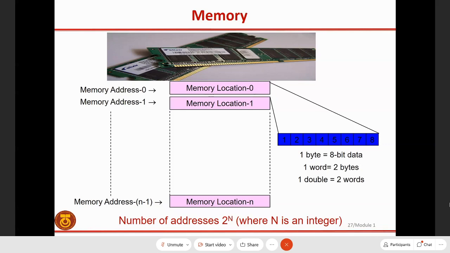So what does the control bus do? The CPU sends an instruction on the control bus stating: please read what is there in rack number 10. Read. So it's simply like that. The control bus has this main function: read or write.